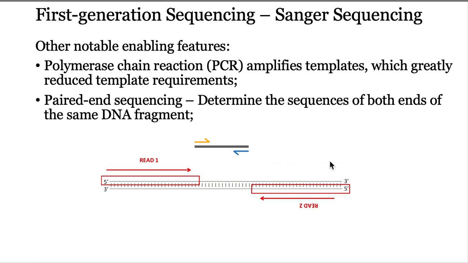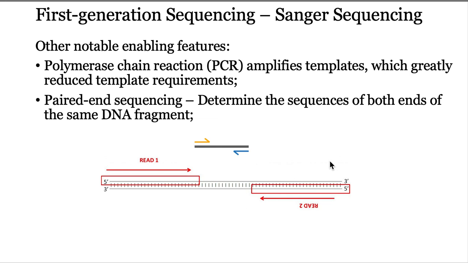The other major technology is called paired-end sequencing. Usually when you try to sequence a DNA fragment, you read from one end, and the sequence from this place is called a read, basically the sequence of nucleotides you read from the machine.